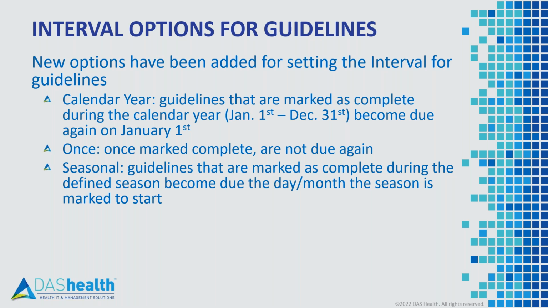And then, in that example I just gave, at the end of March, even if the patient hasn't received their flu vaccine, it's no longer a valid care guideline for that year. So it would fall off and then come back again due the next October. So again, just some options to allow you to control more and really see the guidelines when they apply for that patient.